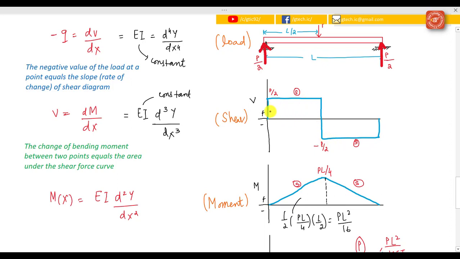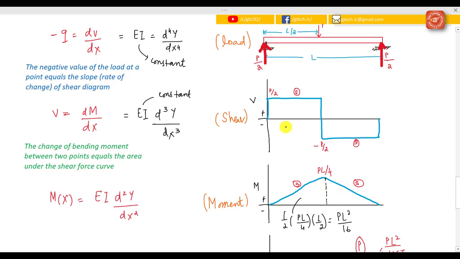Now again recall from my previous lecture, we came up with this relationship that V is equal to dM over dx, meaning the change of bending moment between 2 points is equal to the area under the shear force curve. So we can now find our bending moment diagram.